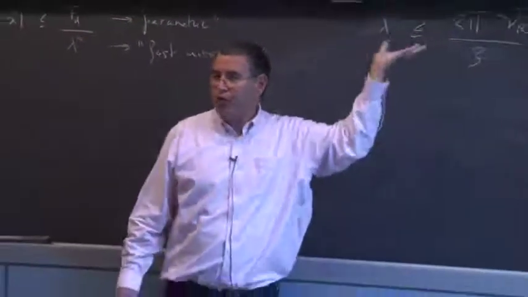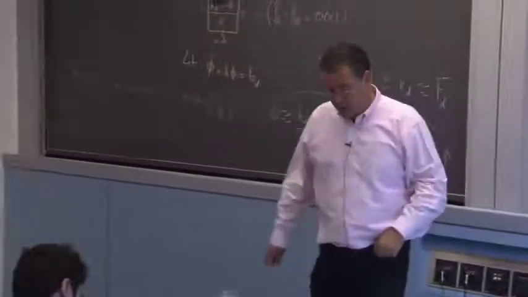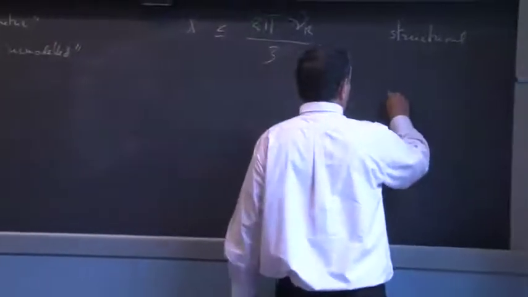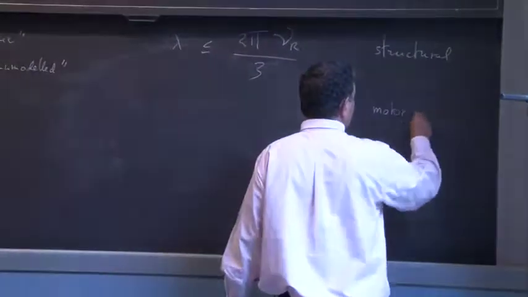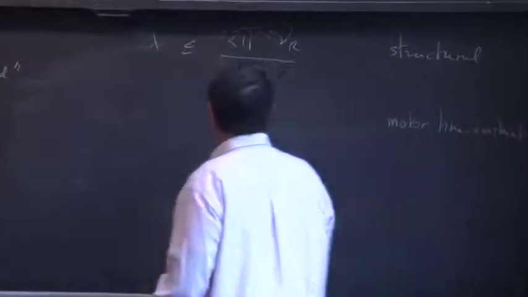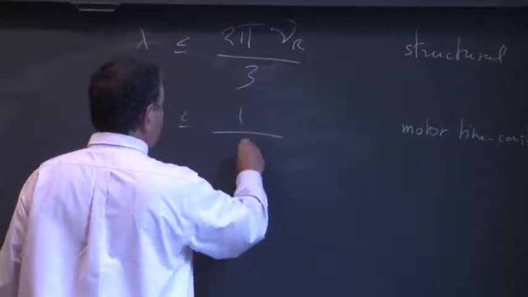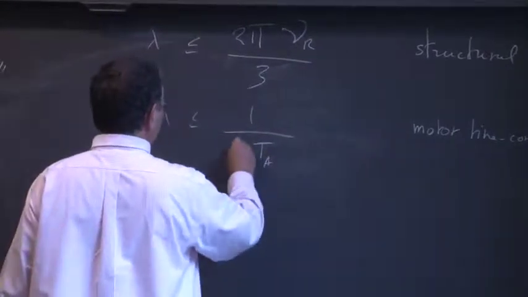Again, this is not precise, it's just a ballpark. Similarly, you may have a motor time constant, which means that lambda should be less than that time constant of the actuator, again perhaps within a factor of 3.